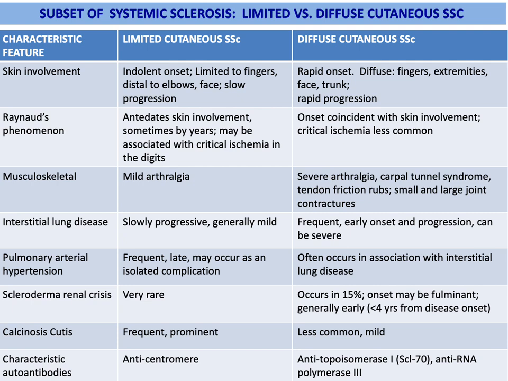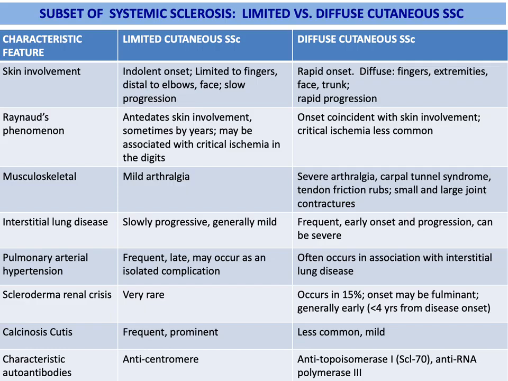Musculoskeletal involvement is more severe in diffuse scleroderma, and ILD is more frequently seen, particularly early in the onset, and is more severe in patients with diffuse scleroderma. However, pulmonary hypertension is more frequent in limited cutaneous scleroderma and may occur as an isolated complication.